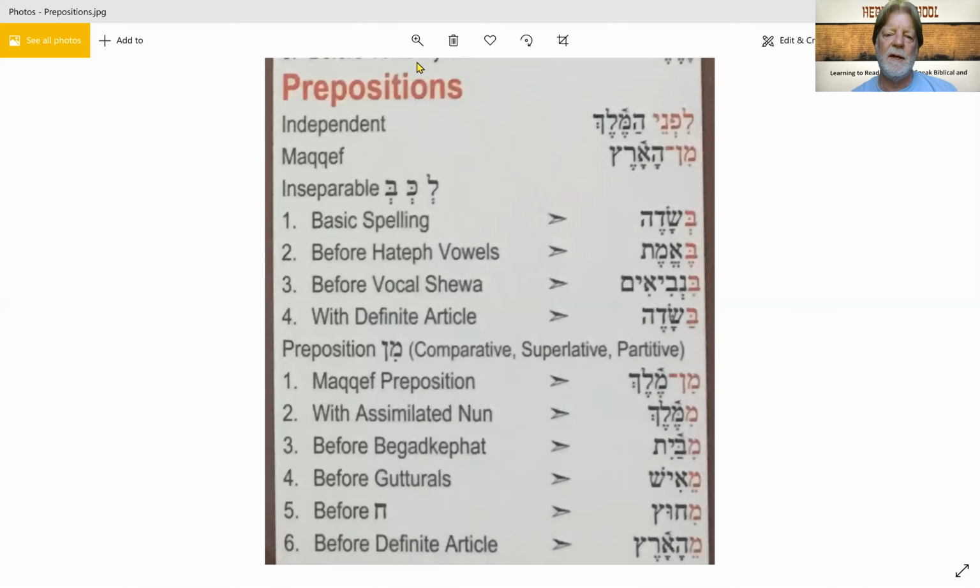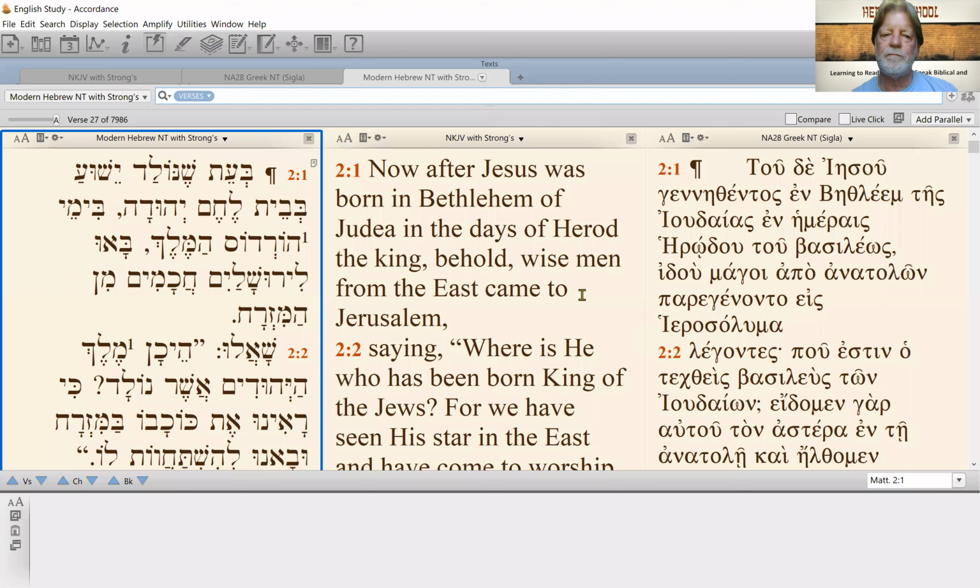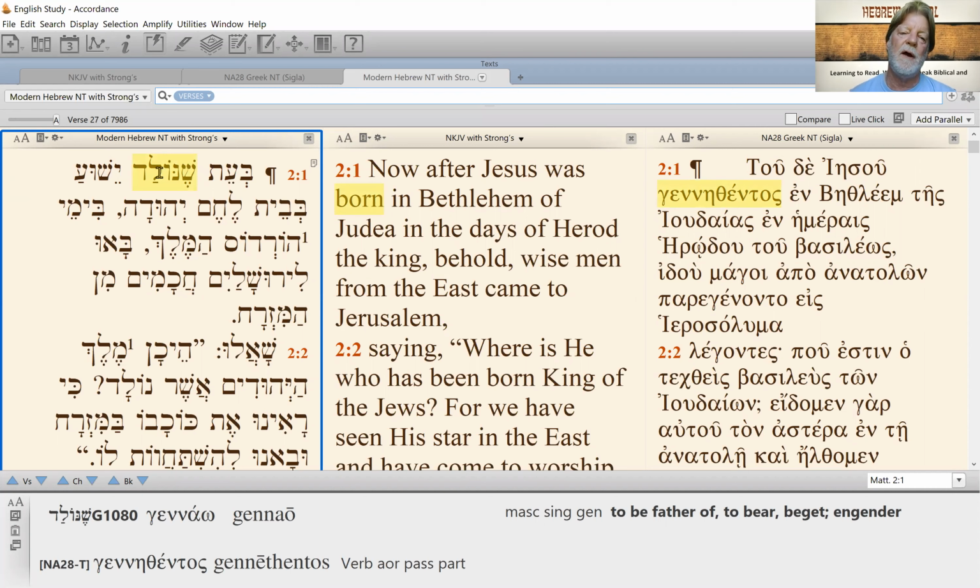So let's go ahead and take a look at our text for today. And this is the story of the visit of the wise men after the birth of Jesus, or Yeshua. The Bible software we're using today is Accordance, the free version, and the text that we're looking at is the modern Hebrew New Testament with Strong's numbers.